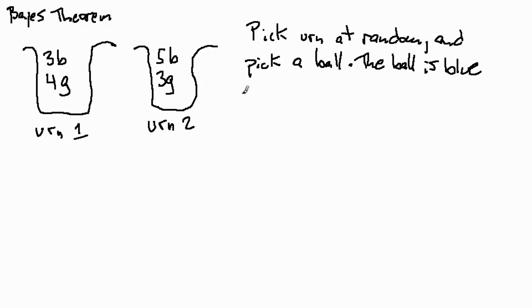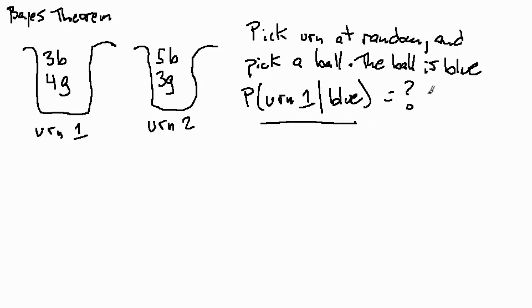So the question is, what is the probability that we picked urn 1 given that the ball is blue? Okay, so let's get some notation here. Why don't we let B1 equal picked urn 1?